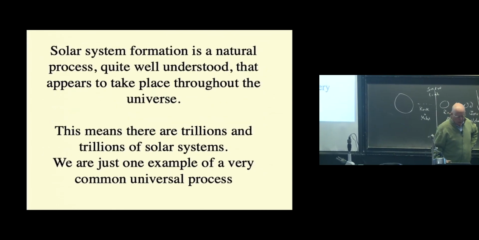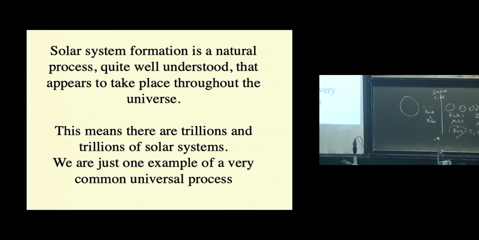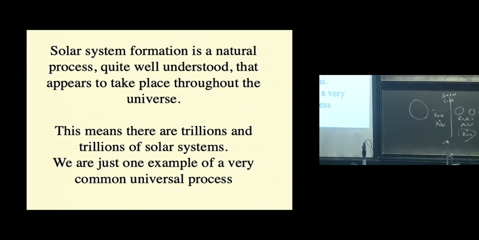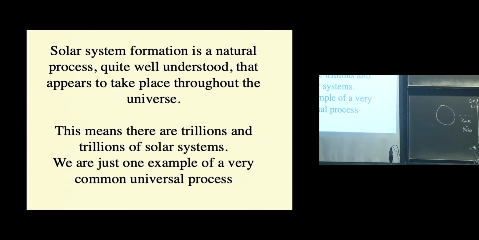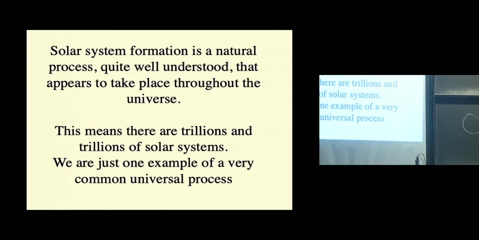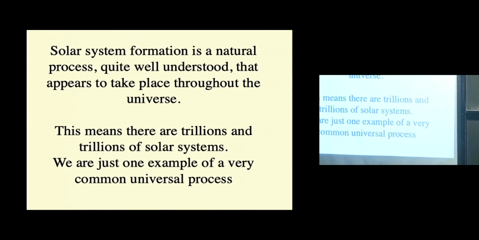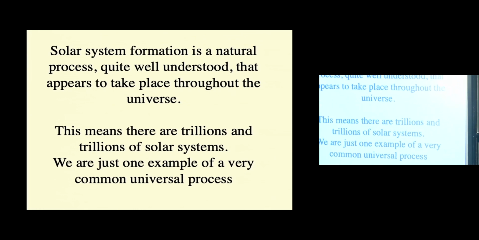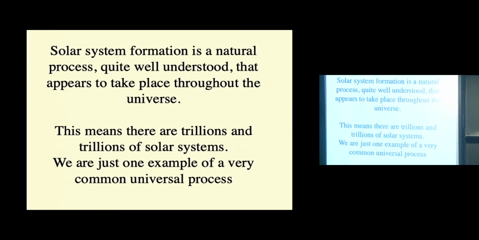So, solar system formation appears to be a very natural process. We see it happen in our solar system. We see all kinds of regularities associated with it that make sense. Now, recently, we can see solar systems forming around other stars within the Milky Way. So we know that solar system formation is a common occurrence.